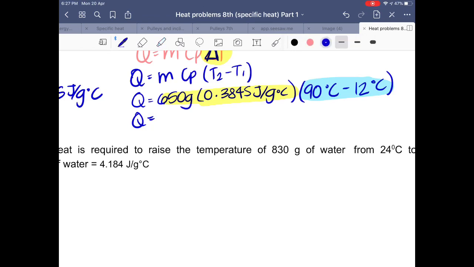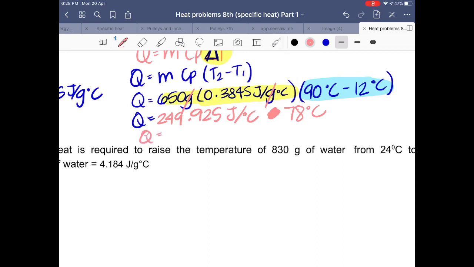When you are multiplying them, you will cancel grams with grams. So you multiply 650 times 0.3845 and you have 249.925 joules over degree Celsius. And you multiply it times 78 degrees Celsius.